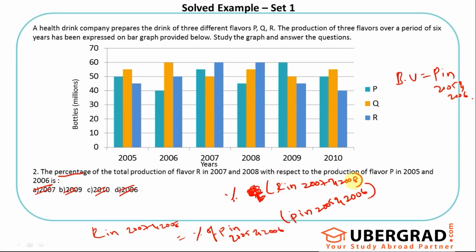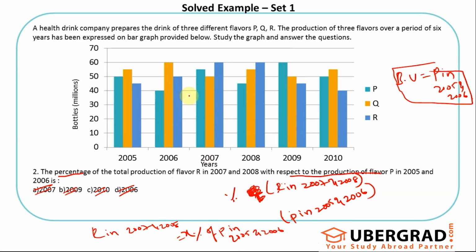The percentage should always be done on the base, and this statement is giving us the clue. The base is P. So R in 2007 and 2008 is equal to X percentage of P in 2005 and 2006. That's what this question is asking us to find.